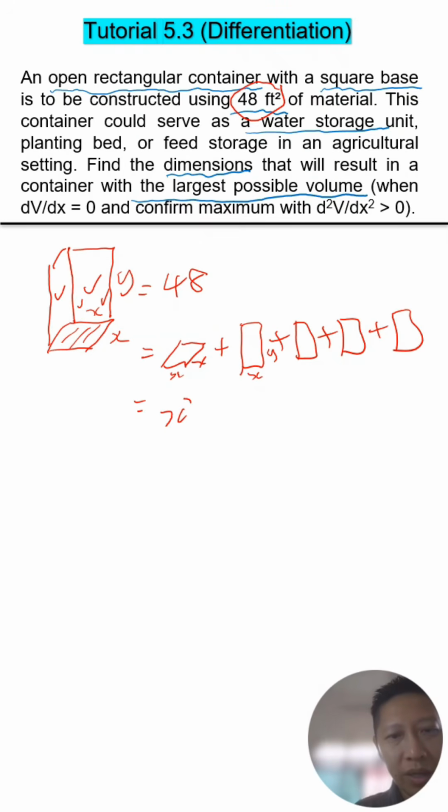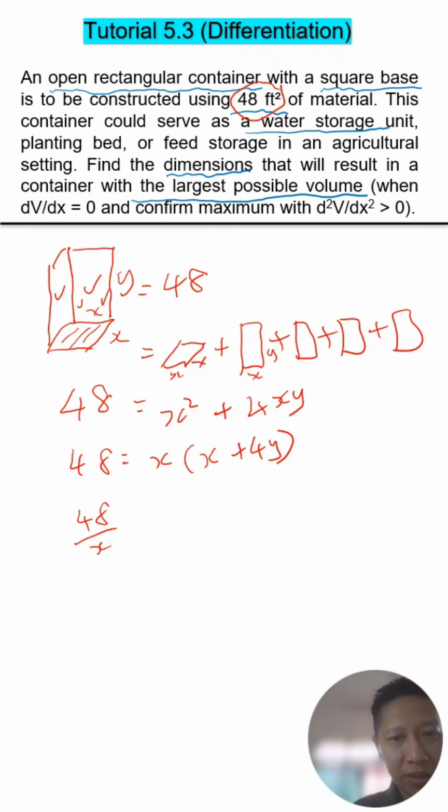So we have x squared plus 4 sets of xy, and this is the total area of the rectangular container, equal to 48. We will make some adjustments so that we have a subject to represent the equation.